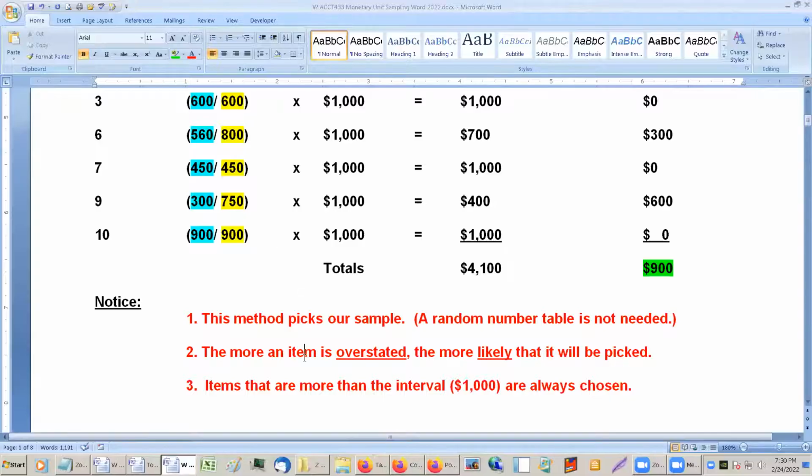Even if management spreads it over a number of items, those items are all getting a larger percentage of possibility of being picked. So the more they cook the books, the more likely they are to catch it. For auditing, if you think about it, that's great. The more they cook the books, the more likely you'll catch it. So anyway, that's what this method is.